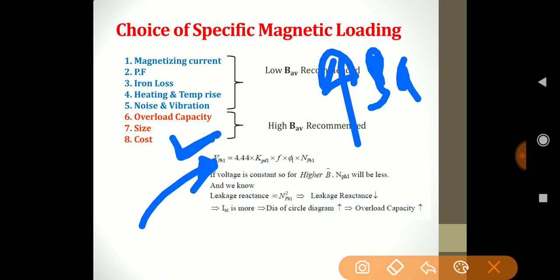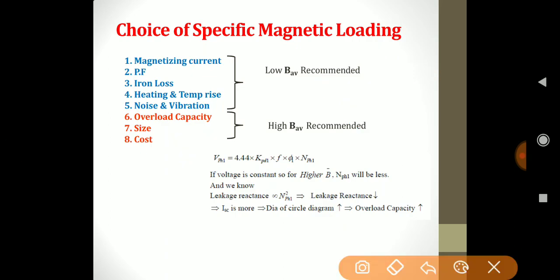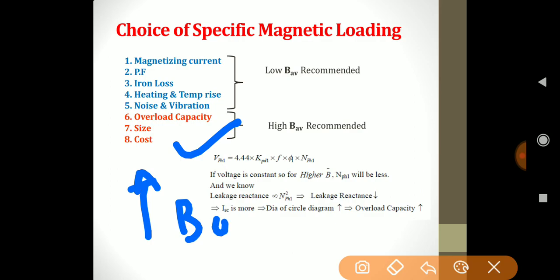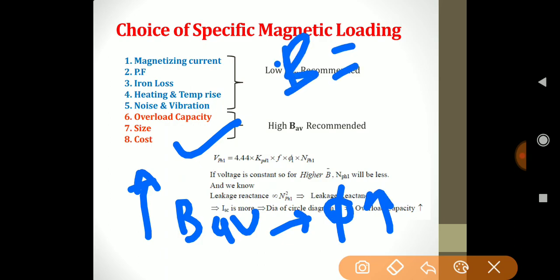See, what I said is very important, friends. You need to consider VPH as constant and increase the value of BAV. Increasing the value of BAV means you are increasing the value of flux phi, because flux density B is generally phi by A, right? So if you are increasing the value of B, flux value is high.